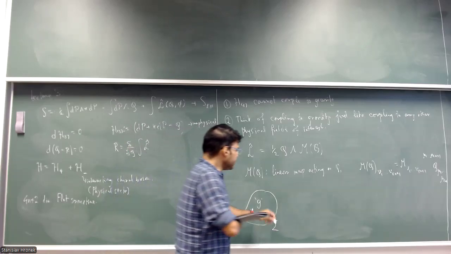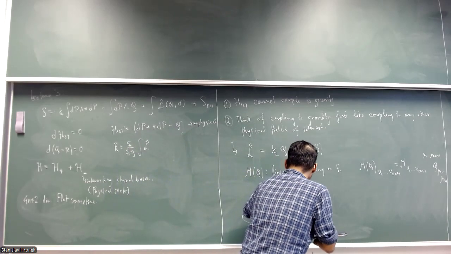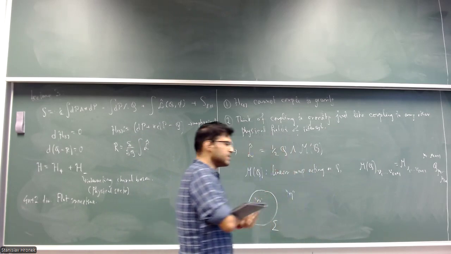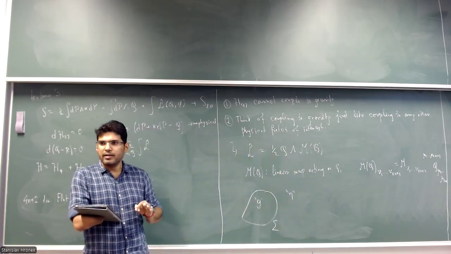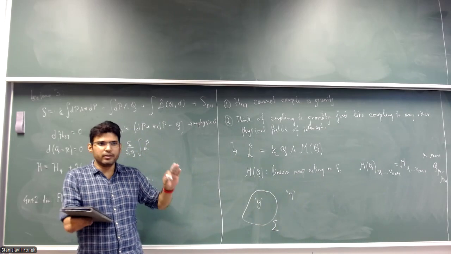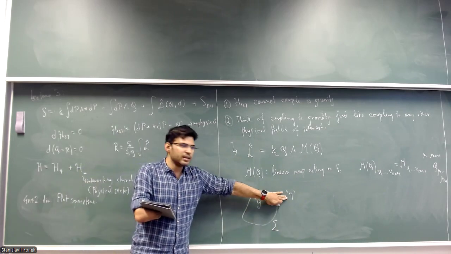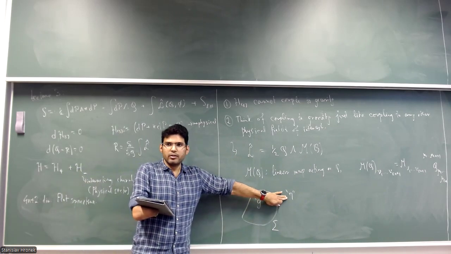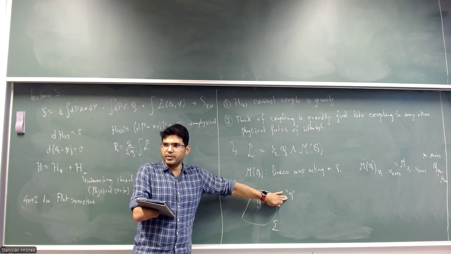But there is another metric that is now playing a role, which is this typical flat metric eta. This is not to be thought of as a metric defined on this manifold. It's just some constant auxiliary kind of object.